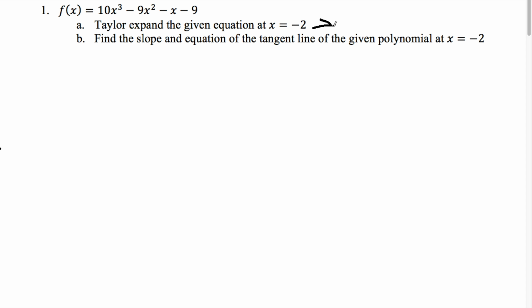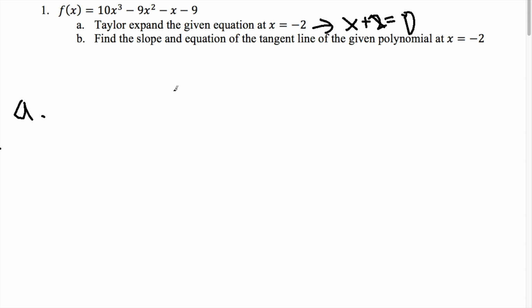You add 2 to both sides, which becomes x plus 2 equals 0. So once you find that, you know that you must divide the original equation by x plus 2.